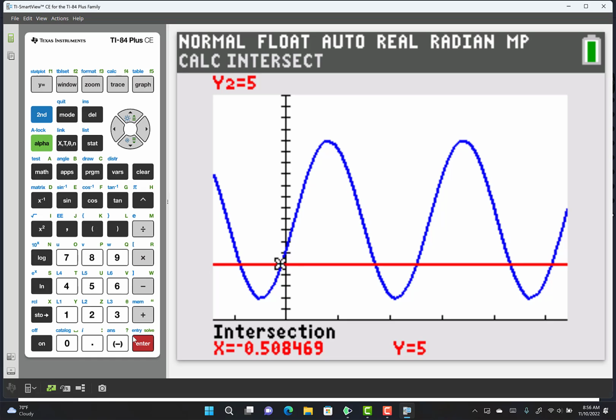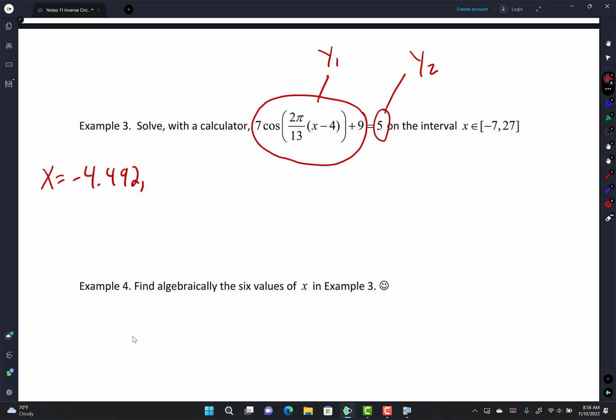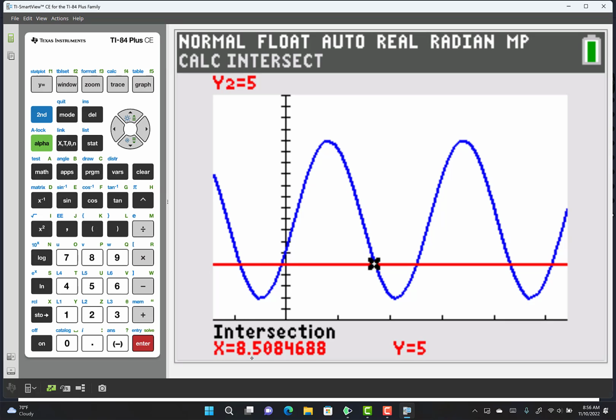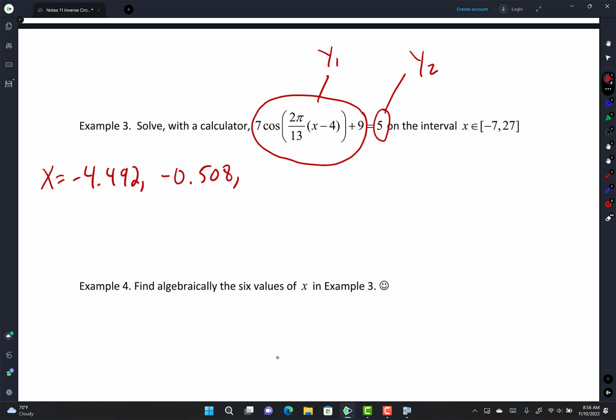Negative 0.508. Negative 0.508, comma. Now I'm going to go to the next one. Second calculate, number 5, enter, enter, and then scroll to the third one, and make sure it says the word intersection. Enter. Does it say the word intersection? Yes. 8.508.